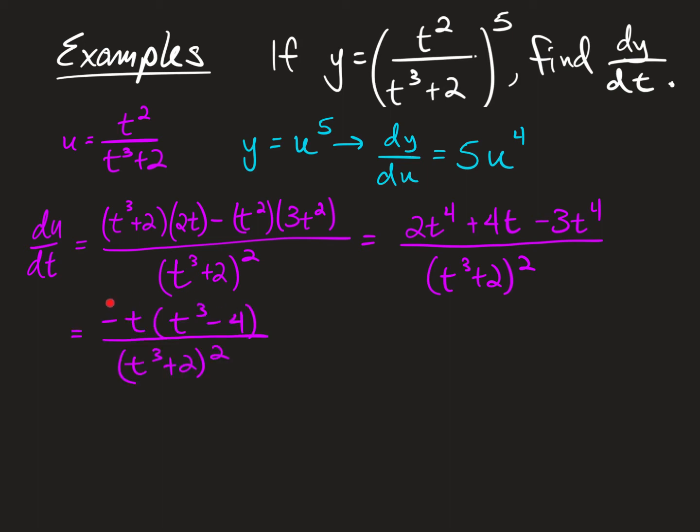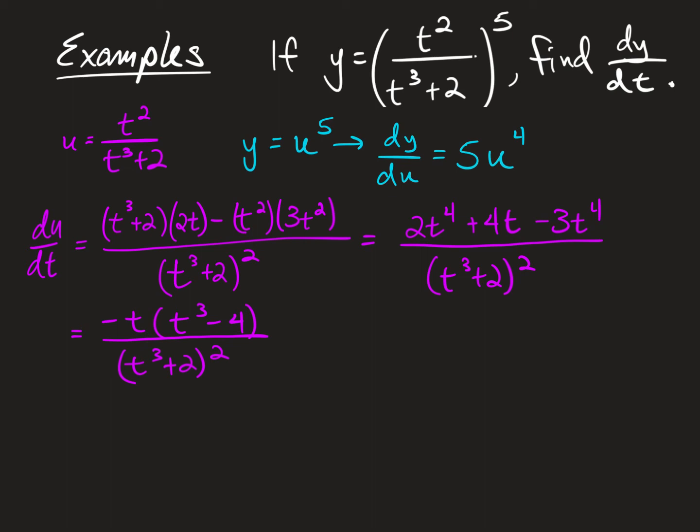So here is the simplified version of the quotient rule being used here to find the derivative of u with respect to t. Now all we have to do is write out our differential notation, dy over du times du over dt.